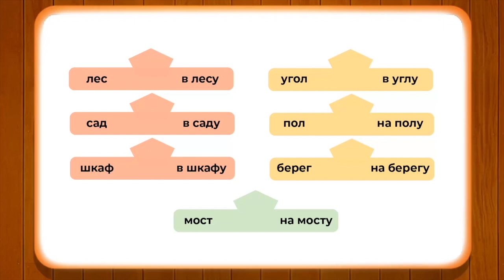So this is a list of exceptional words which change like this when used with prepositions. For example, лес means forest, в лесу, сад means garden, в саду, and many more such words which you can see here are changing, but they are called the exceptions in Russian. So please remember all these.